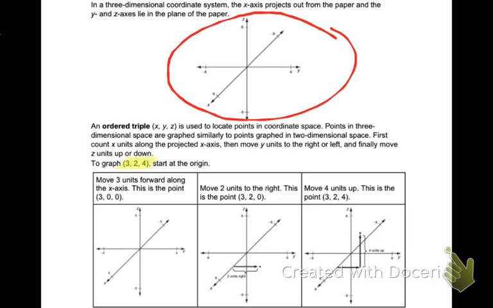I'll have another slide here later. But we're going to go 3 units forward, 2 units to the right, and then 4 units up. As you see, they go forward, right, up. Okay, that's how you would graph that coordinate. It kind of goes through the different phases of that, but it's a movement in the coordinate space.